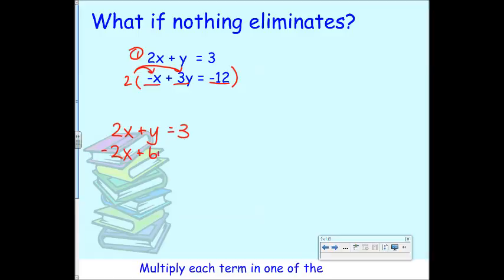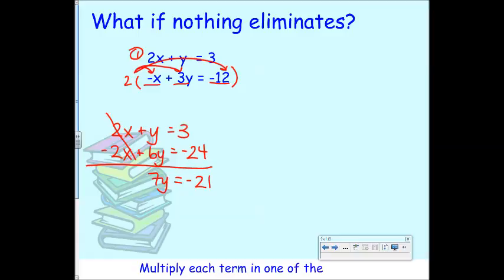And now I can eliminate, because what happens with my x's? They cancel out. And then what do I have left? Y plus 6y is 7y. And what's 3 minus 24? Negative 21. How do I finish? Divide by, and y equals what?